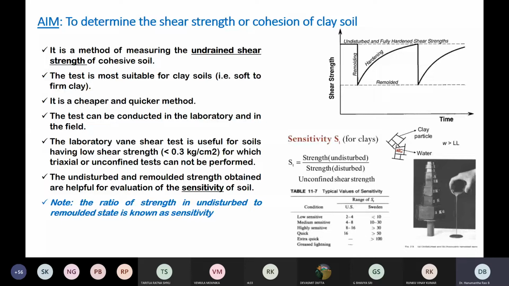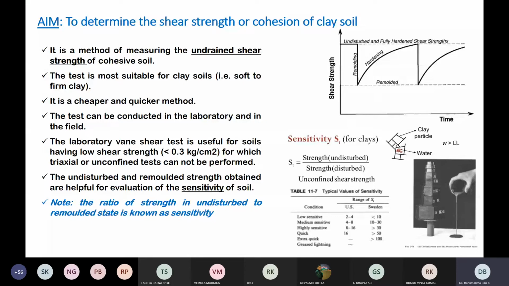So if you compare the strength of the slurry, determined right immediately after preparation, and the strength of the same slurry after it was allowed to stand undisturbed for about 24 to 48 hours, you can see a huge difference.